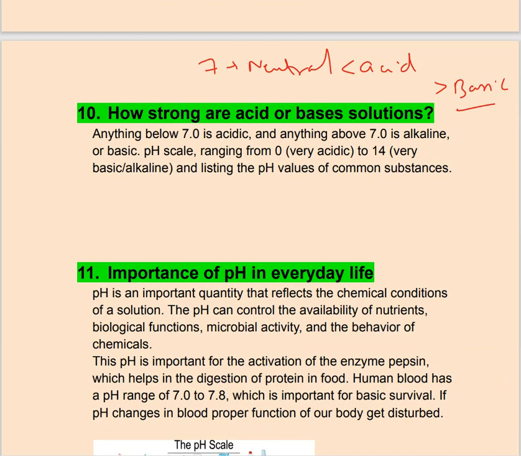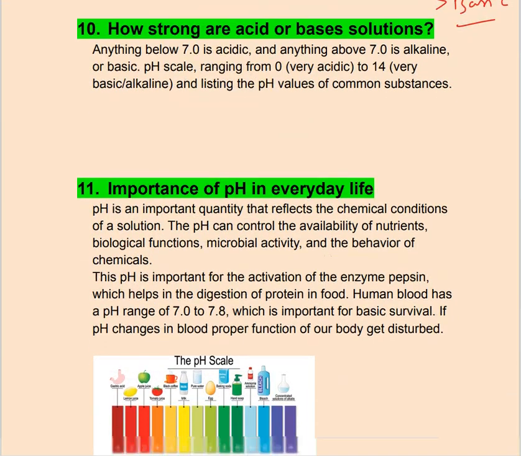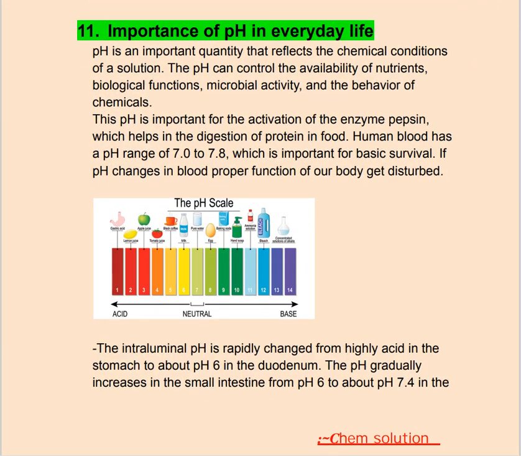Okay, what is the importance of pH in daily life? We can see that in our digestion, our blood pH is normally 7 to 7.8. According to the acidic food we eat, it decreases and increases according to the food.